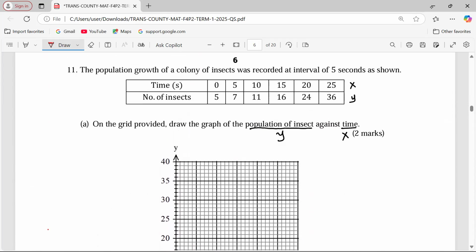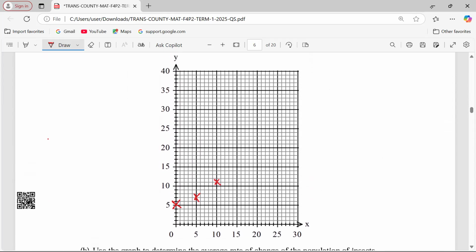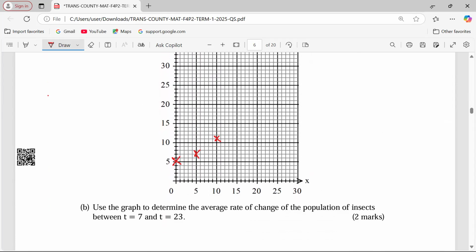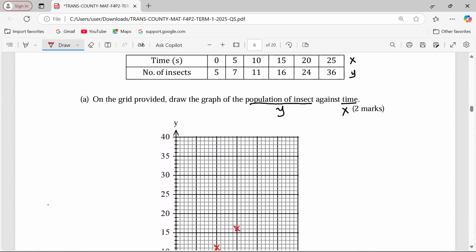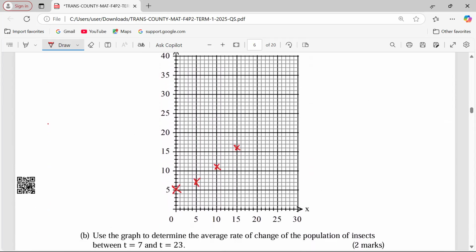Then we are talking about 10, 11. 11 is slightly above 10 there. Then we talk about 15, 16. 16 is also above 15 at this point. Then we have 20, 24. 24, slightly below 25.